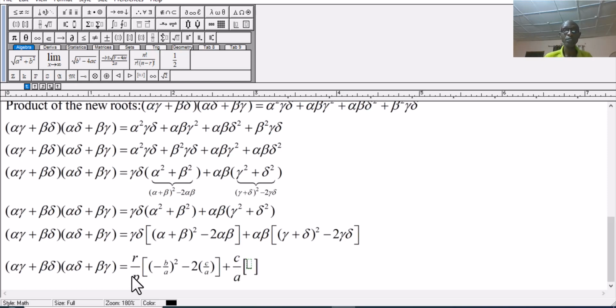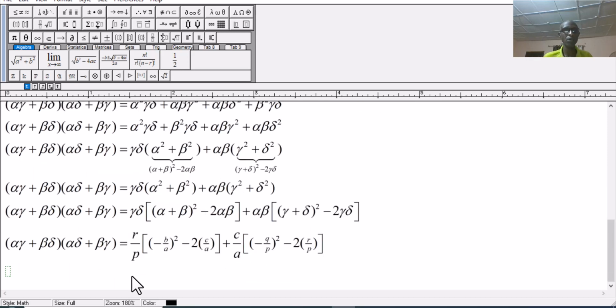So that of gamma is, I'm going to open this bracket, minus q over p all squared minus 2 into bracket r over p. So what you need to do now is to simplify this and see how far we can go.